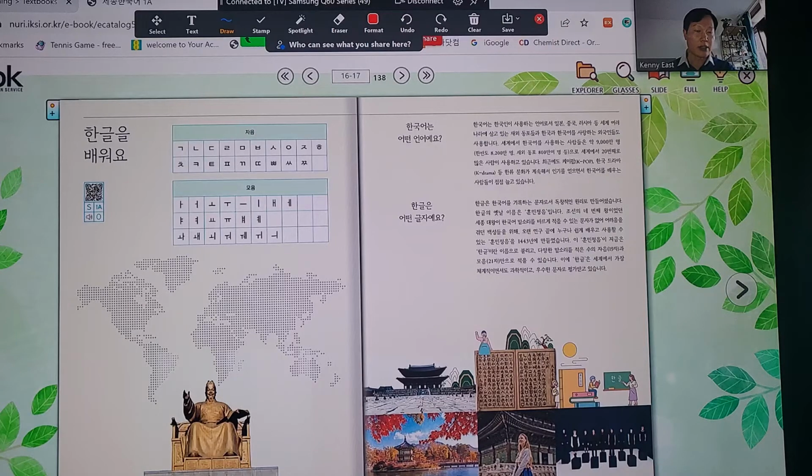Not like Japanese or Chinese, Korean is based on a phonetic alphabet like Western languages. So once you know all the Korean alphabet, you can learn more easily than Chinese or Japanese.